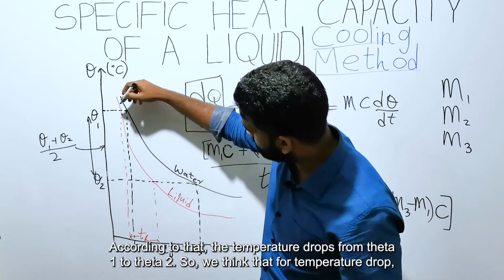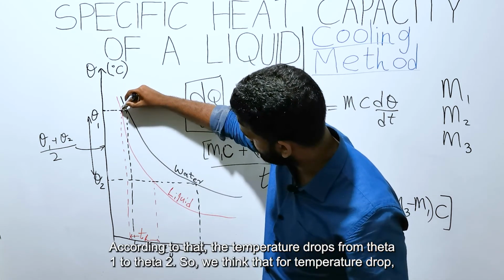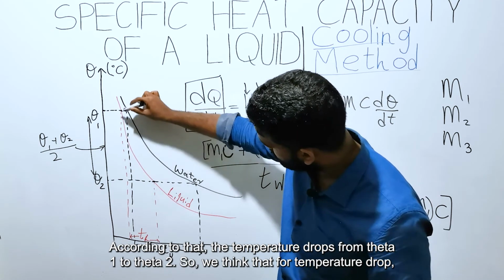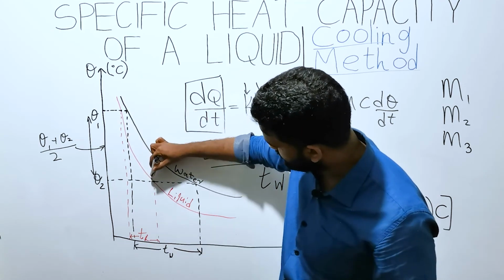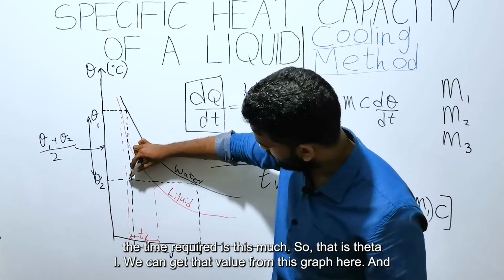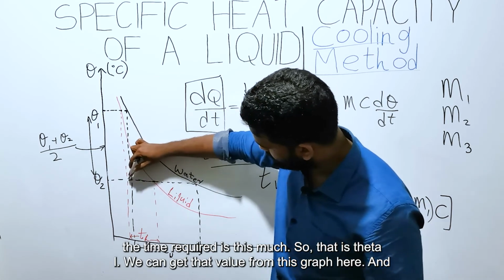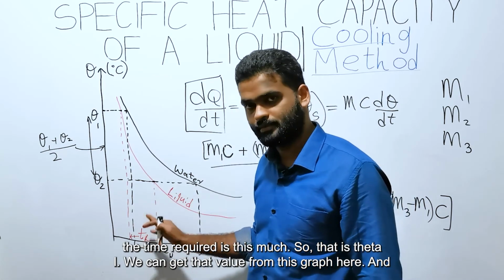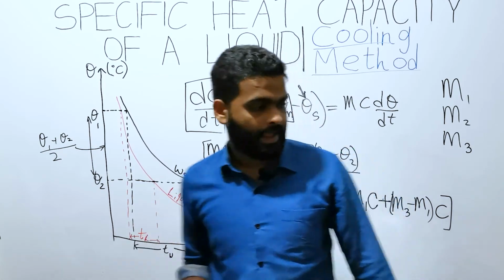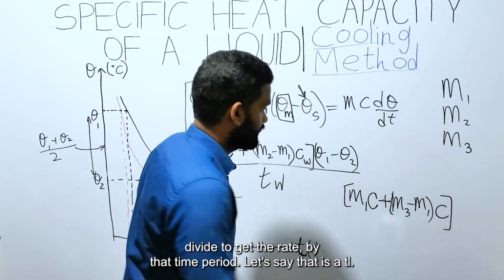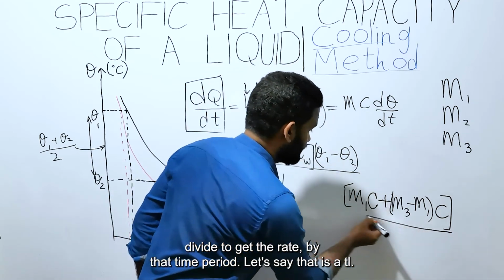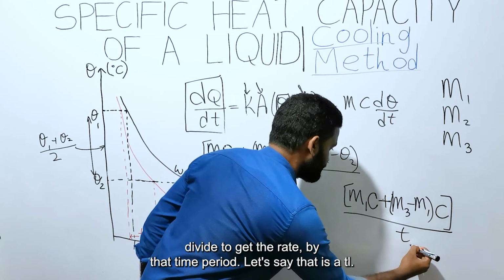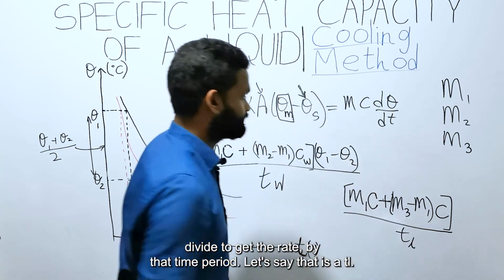According to that, the temperature drops from theta 1 to theta 2. Within that temperature drop, the time required is this much. So that is tL. We can get that value from this graph here and divide to get the rate, divide this by that time period, tL.